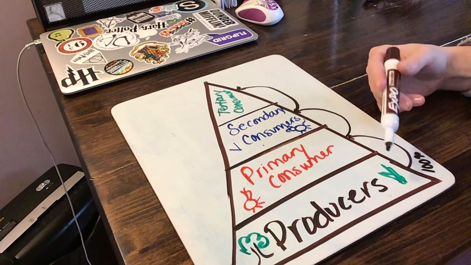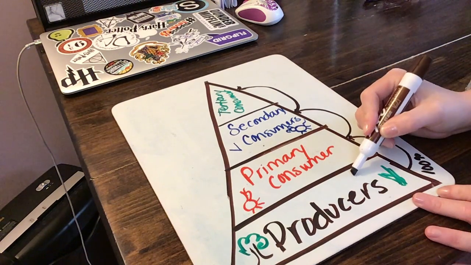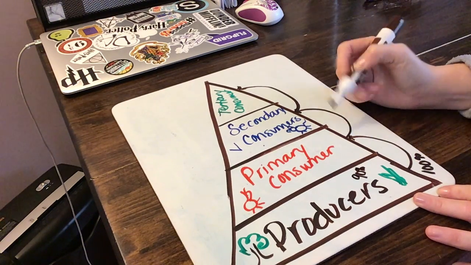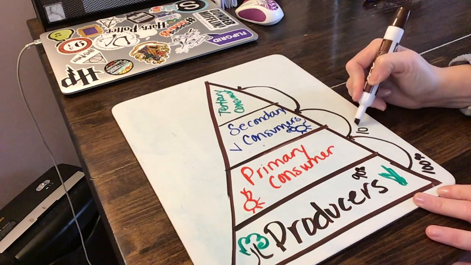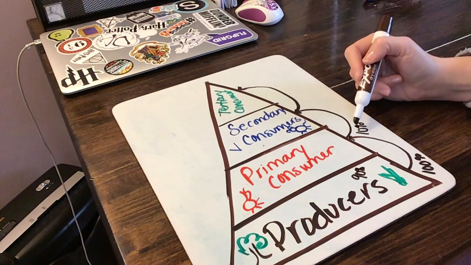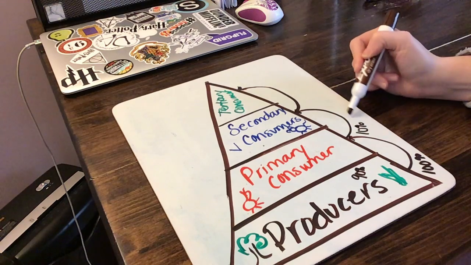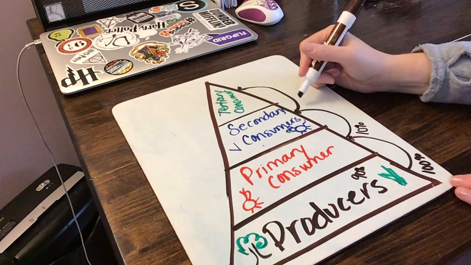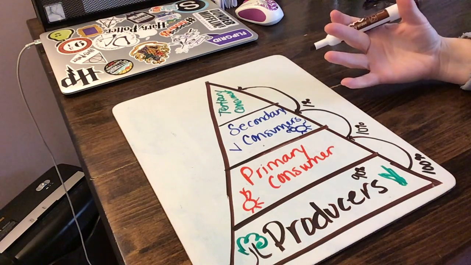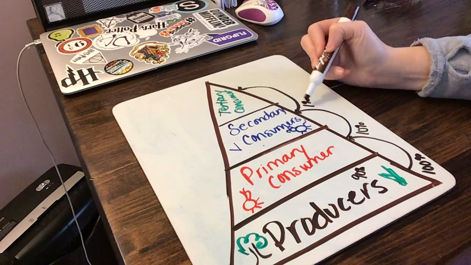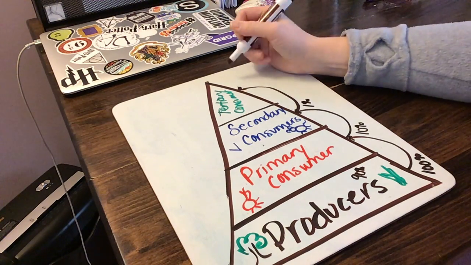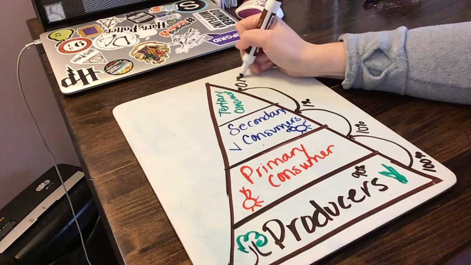So the producers are using 90%, and they're going to pass 10%. So these guys have 10% of the energy. Now these guys are going to use 90% of this, okay, which means they're only passing, for all of us math whizzes out there, 1%, because that's all that they have, okay? These guys are going to use 90% of this energy, which means they're only going to pass 1/10% of energy.